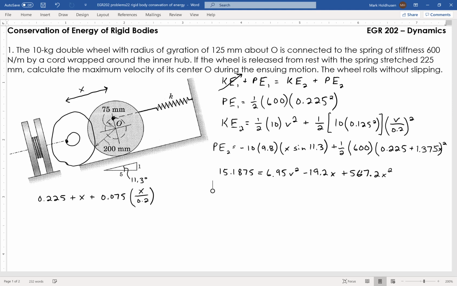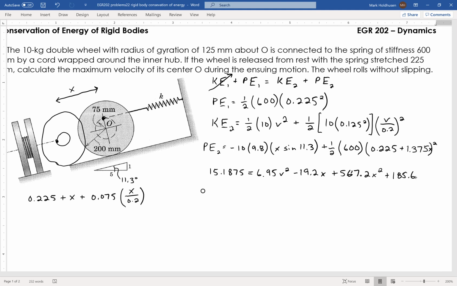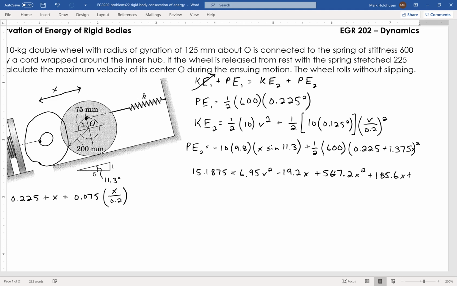Oh, I'm not quite done yet, there's still more. Plus 185.6 times x, plus 15.2. That's basically setting up that initial equation with everything that I know about it.